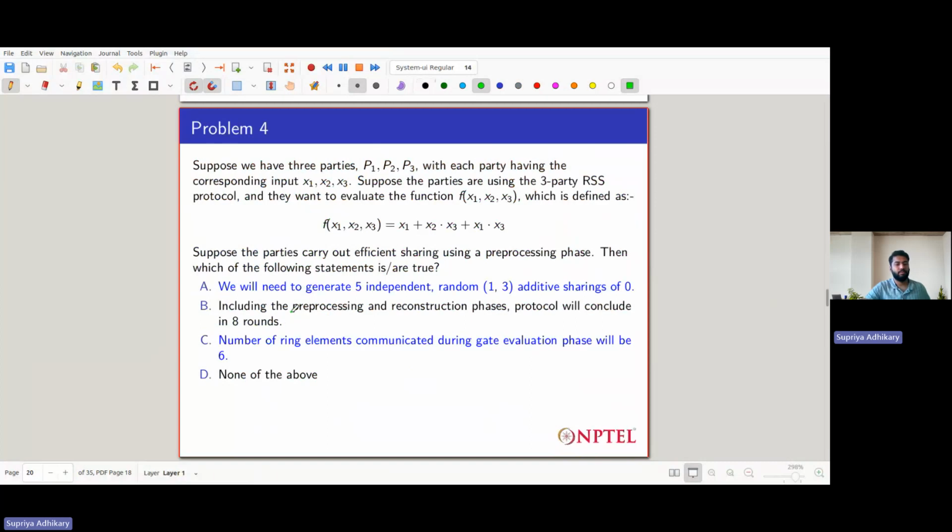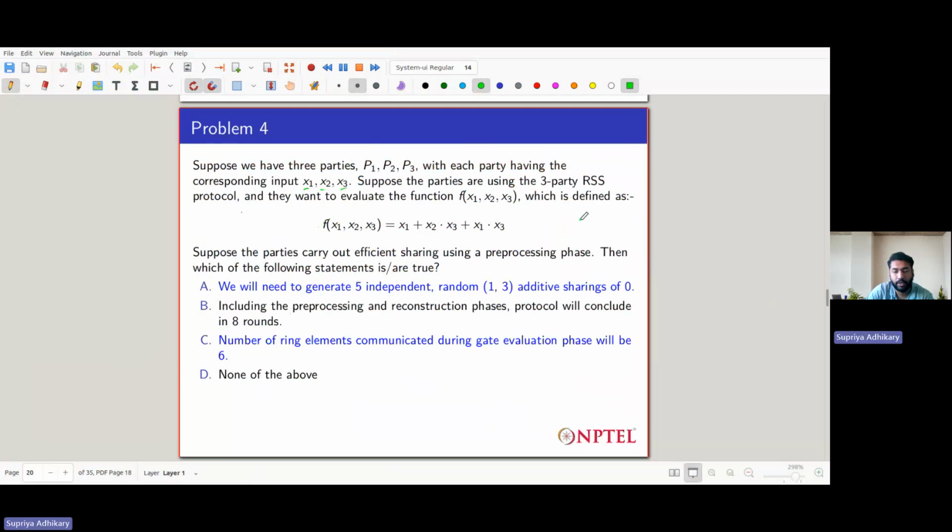So now we move to problem 4. In problem 4, we have three participants, P1, P2, and P3, and each of these participants has an input x1, x2, x3. Now suppose the parties are using the three-party RSS protocol.